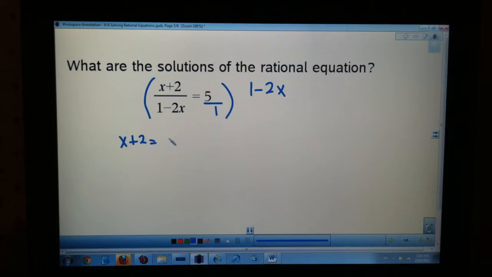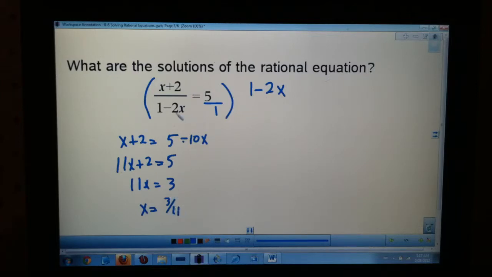On the right side, when I distribute, I'll have 5 minus 10x. Alright, cleaning this up, let's move the 10x over. That would be 11x plus 2 equals 5. Subtract 2. 11x is 3. X is 3 over 11.